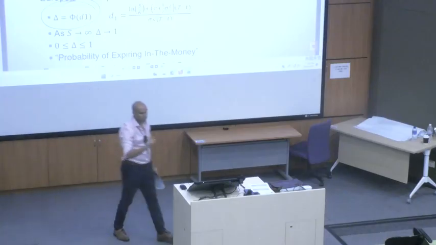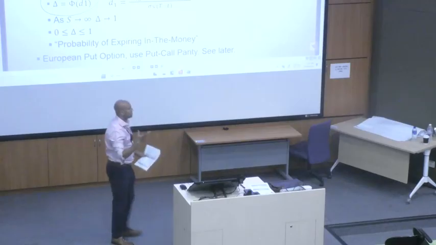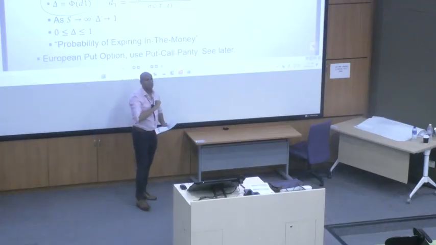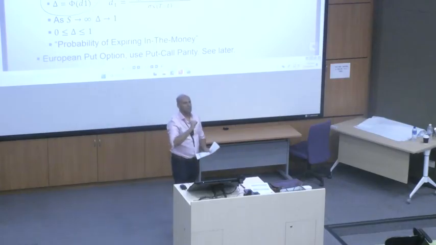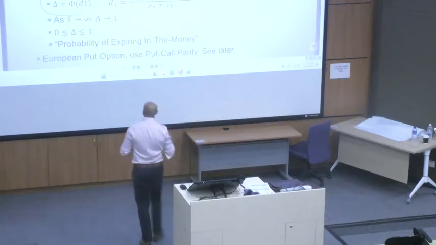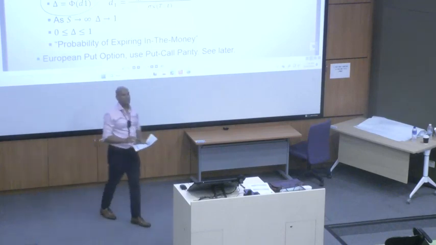So delta is always, for the call option, between 0 and 1. And very, very loosely, you can think of delta as being the probability of expiring in the money. Because think about the call option again. If S goes to infinity, you're probably going to expire in the money. If it goes to 0, you're probably going to expire out of the money. I put it in quotes because it's approximate. It's not true, and you can actually tell me why.